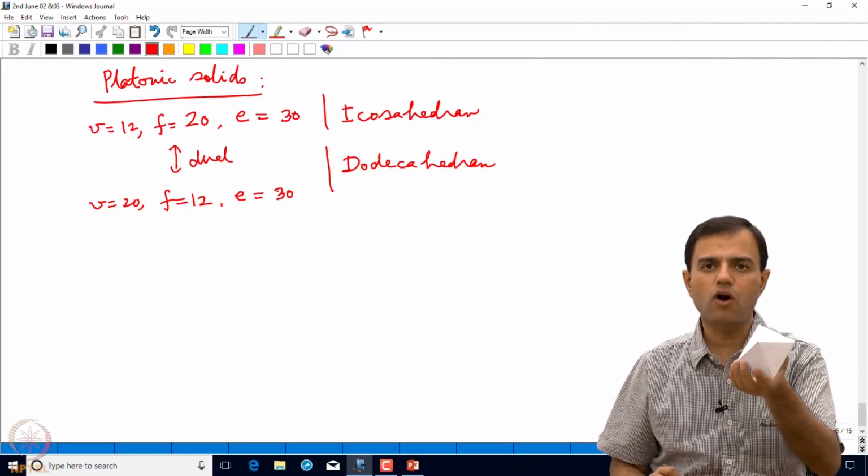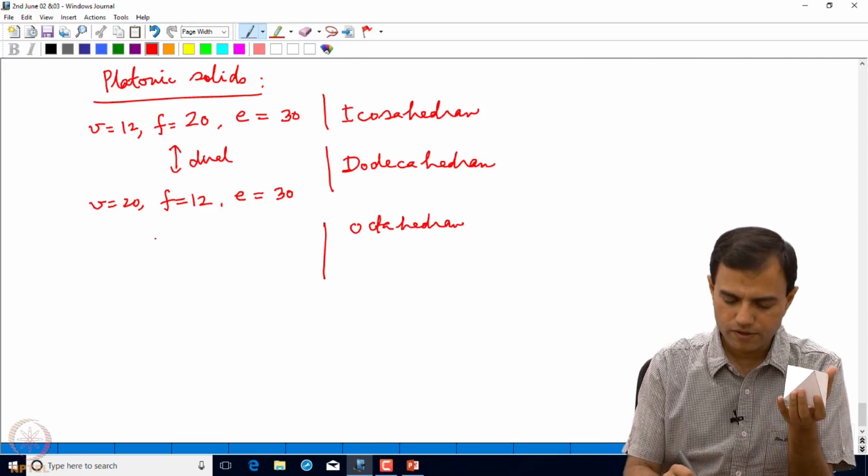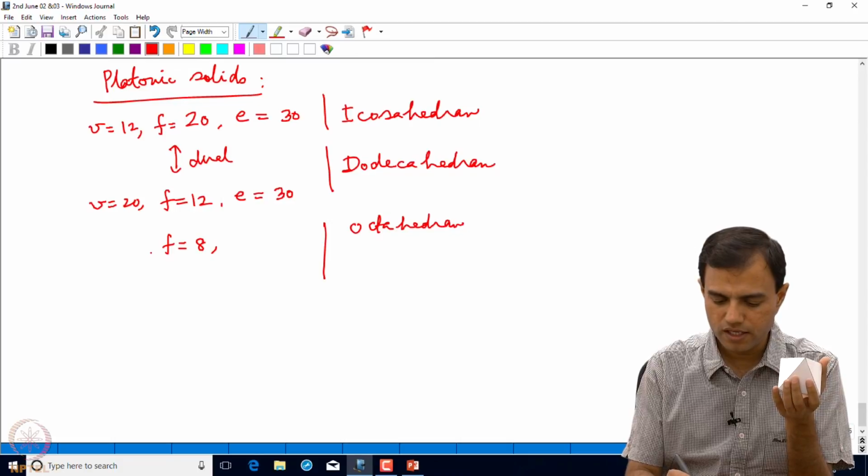And this one is the Octahedron. For this, the number of faces is 8, octa.